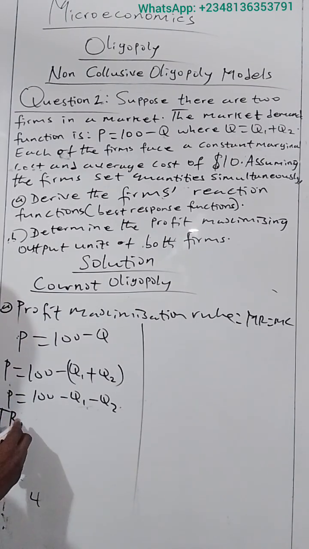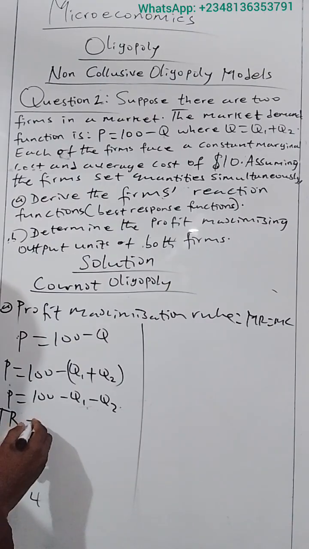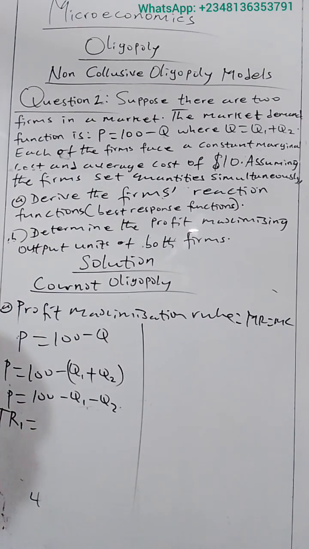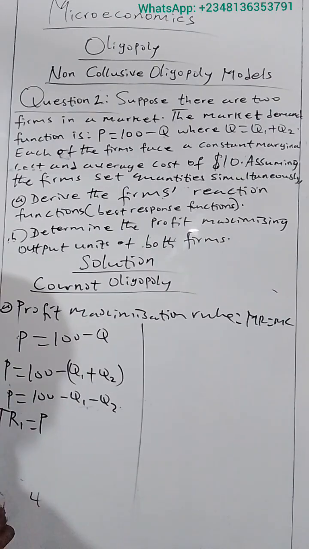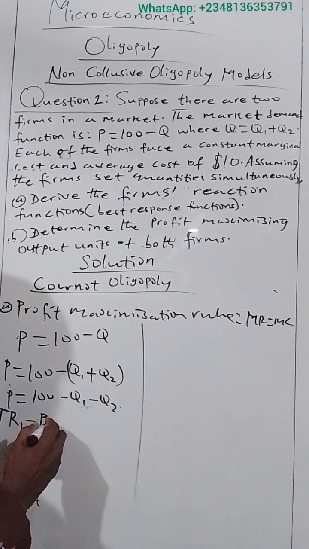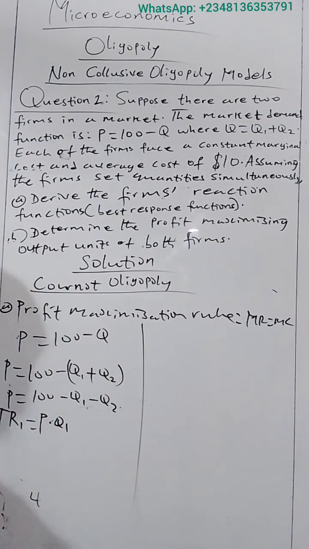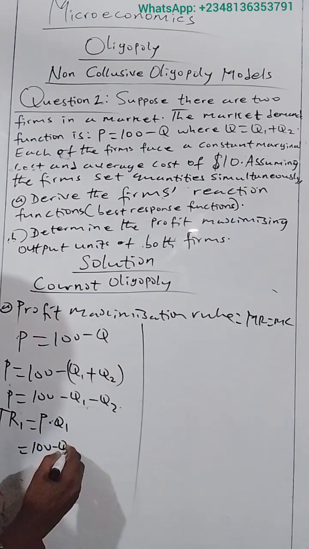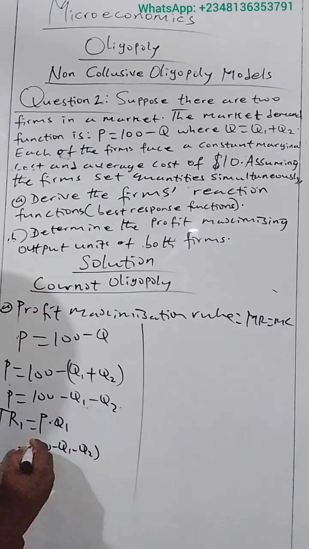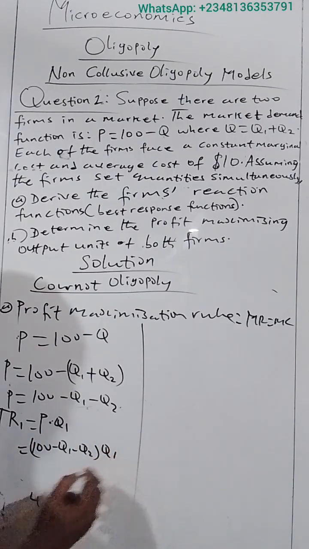Here, I'm going to have the price, the common price, multiplied by the output of firm 1, which is Q1. So this gives me 100 minus Q1 minus Q2, everything multiplied by Q1.